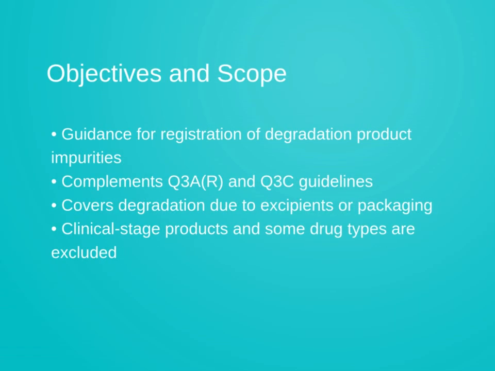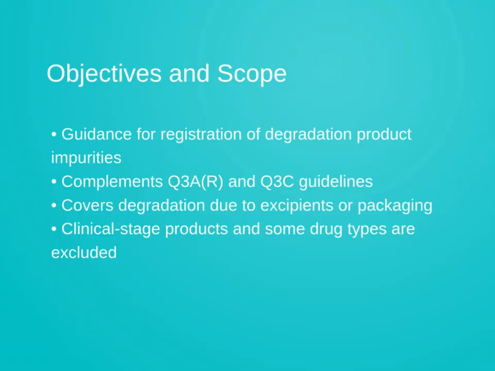The primary objective of the guideline is to offer direction for the content and qualification of degradation products in new drug products. It complements the ICH Q3A R guideline, which deals with impurities in drug substances, and Q3C, which addresses residual solvents.